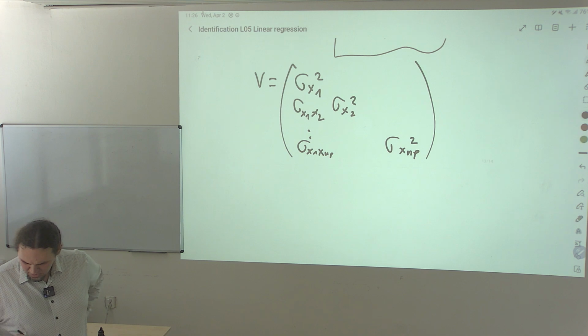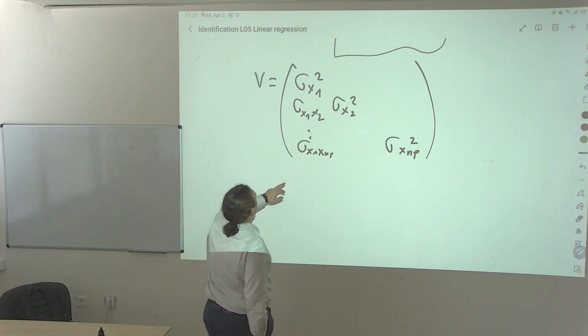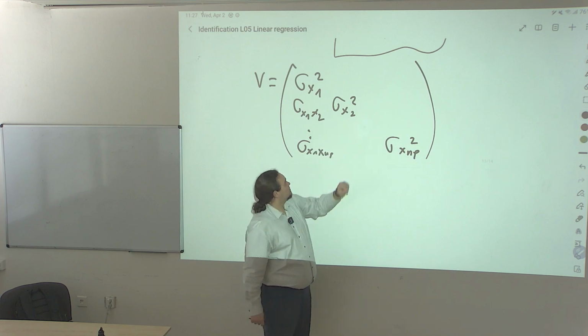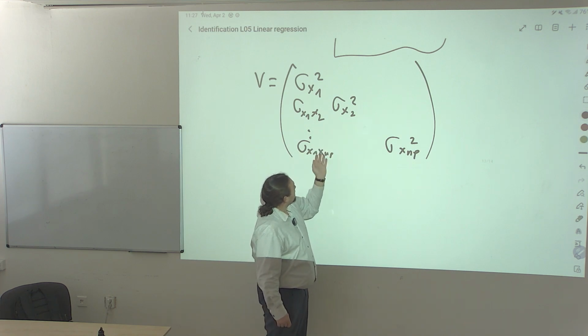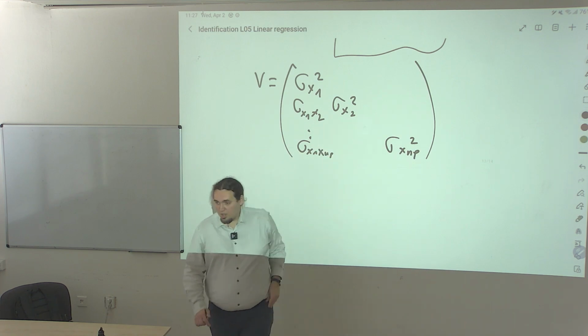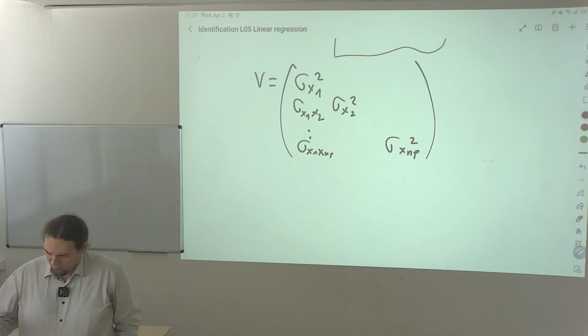And of course this is symmetric, so whatever happens here will also happen on the upper side of the diagonal.